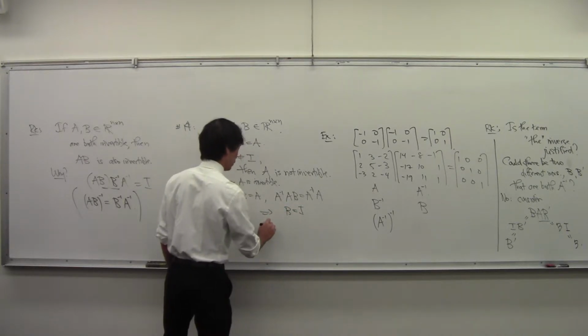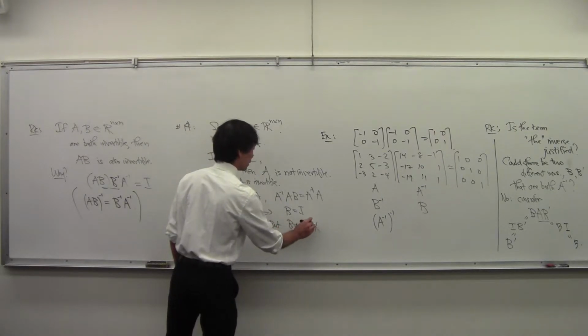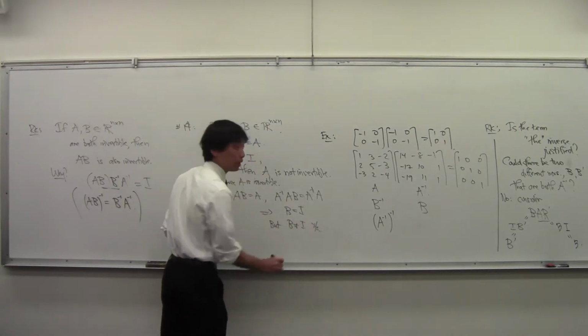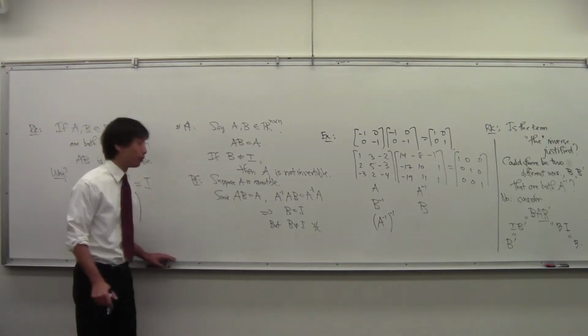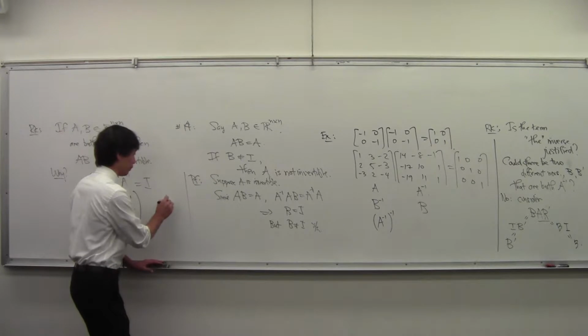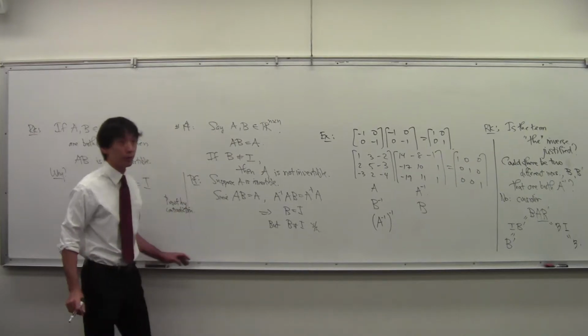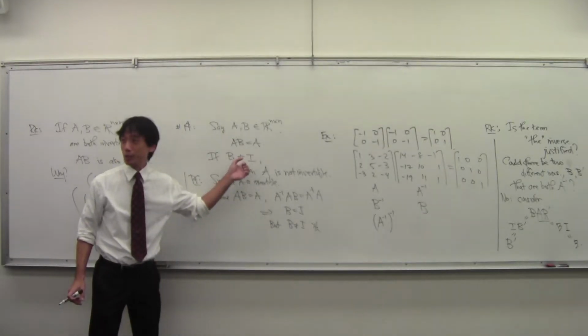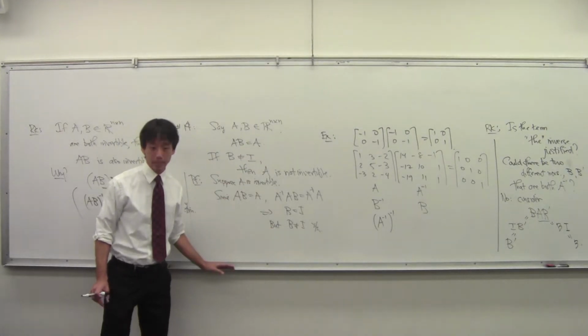But also, B is not the identity matrix. So there's a contradiction. Okay, so this is so-called proof by contradiction. You assume that the thing that you're trying to show is false, and then try to end up with nonsense.